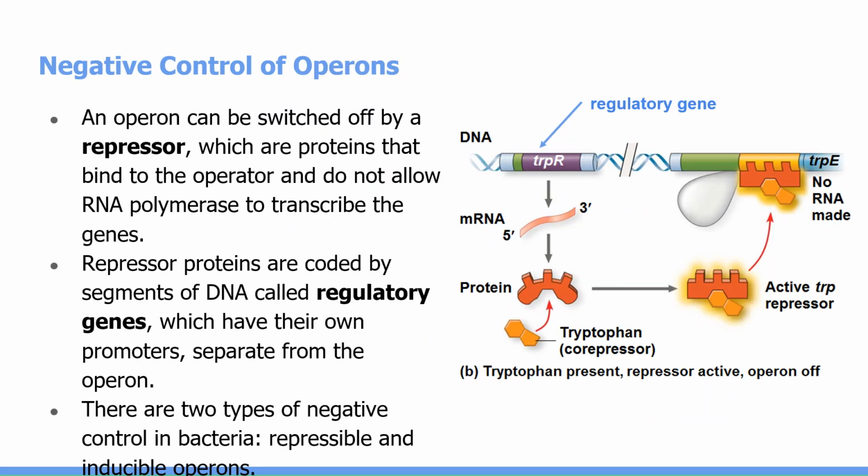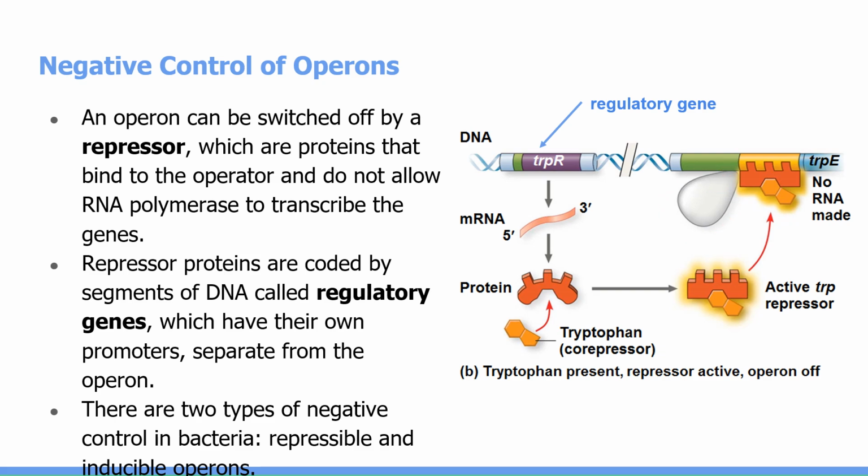So let's remind ourselves what that negative control means. It means that the operon is switched off by something called the repressor. The repressor is just a protein that binds to the operator, and it doesn't allow RNA polymerase to transcribe the gene. So this repressor is on that operator, and we see that this RNA polymerase cannot go through to transcribe these genes here.